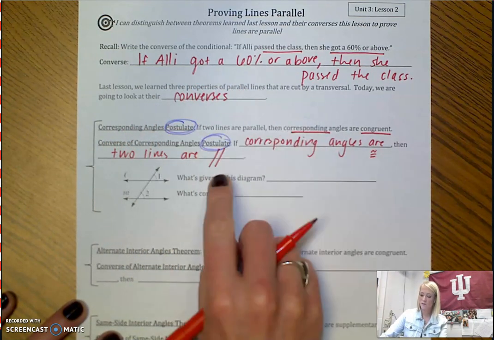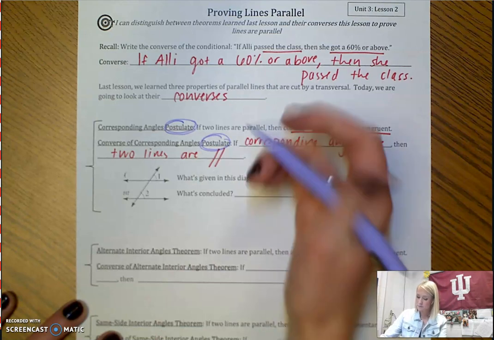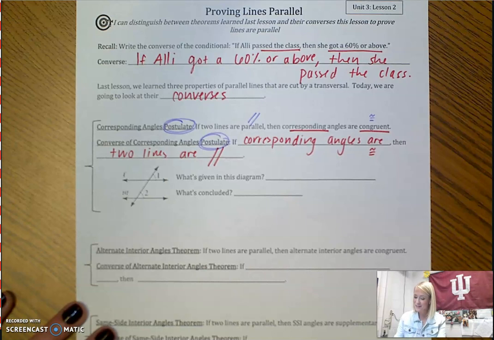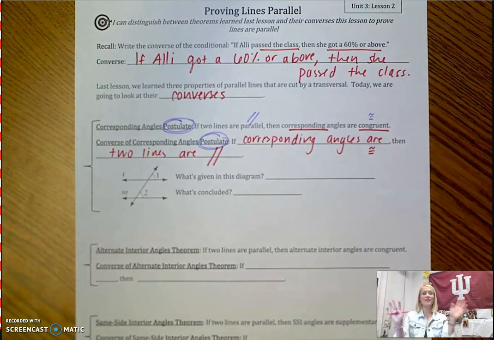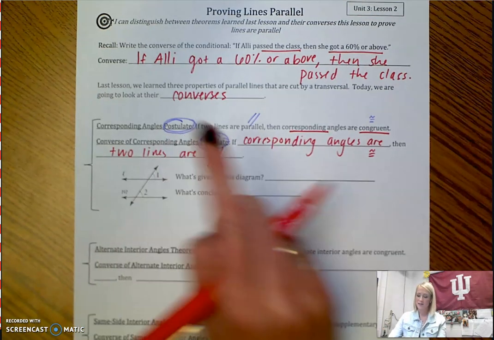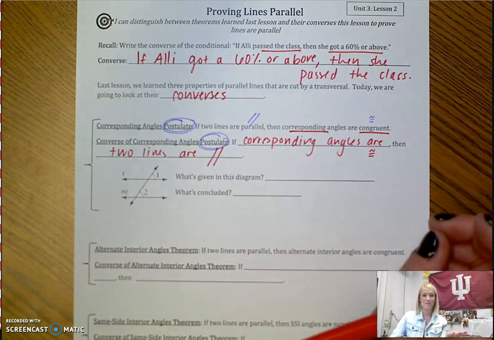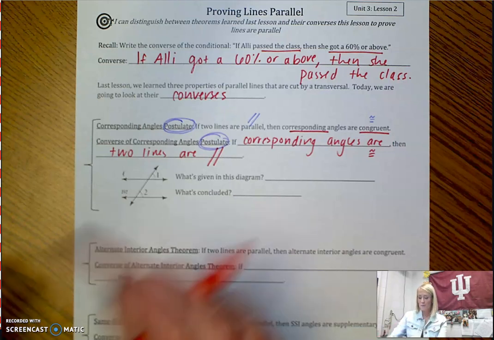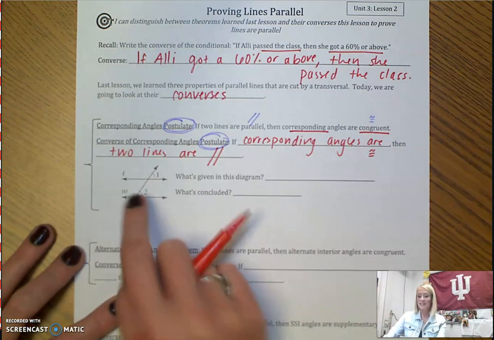And there's the symbol for parallel, so just note I'm using the symbols here to make it a little bit shorter for myself. So all I did was flip that postulate around, and we called that the converse of the corresponding angles postulate. This is going to feel like the same thing as yesterday, but the order of how we're looking at the problem is reversed. So here's a picture.